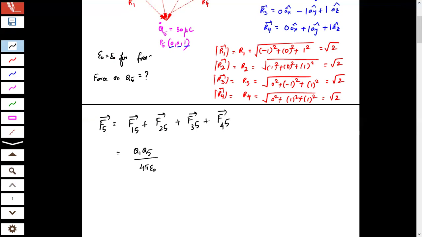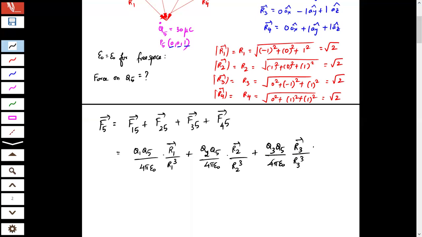In the question, it is given as free space, so we are using epsilon naught, into R1 vector divided by R1 cube, plus Q2 Q5 divided by 4 pi epsilon naught, R2 vector divided by R2 cube, plus Q3 Q5 divided by 4 pi epsilon naught, R3 vector divided by R3 cube, plus Q4 Q5 divided by 4 pi epsilon naught, R4 vector divided by R4 cube.